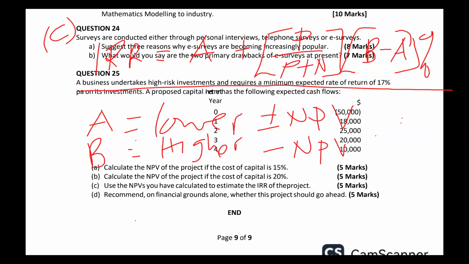Then P is the positive NPV, and N is the negative NPV. So in short, you need 2 NPVs to find the internal rate of return. The other one should be positive, the other one negative.